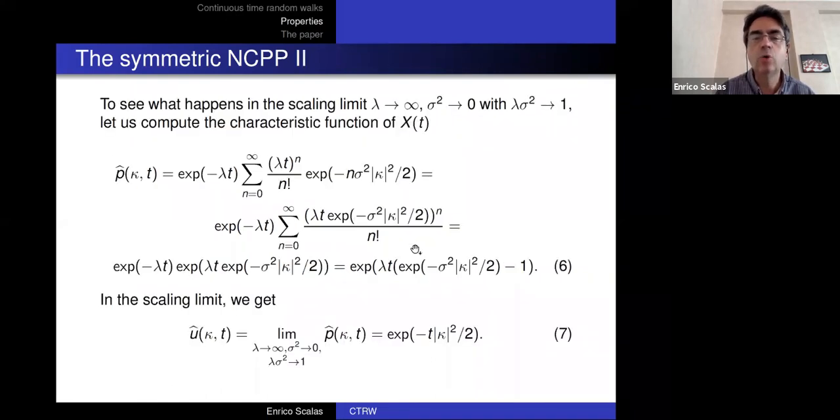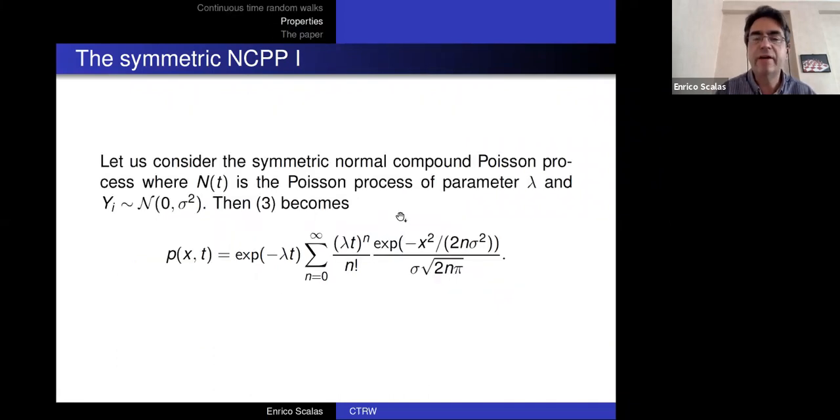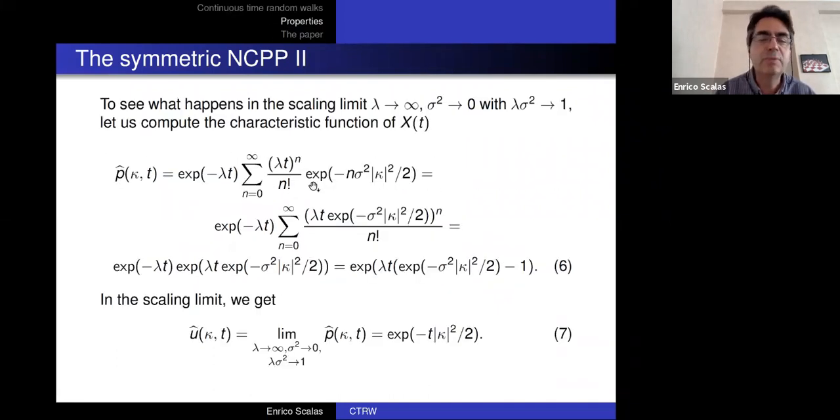If you go into tables of characteristic functions, you see immediately, if you have a variance n sigma squared, that the characteristic function of this particular density is this one.